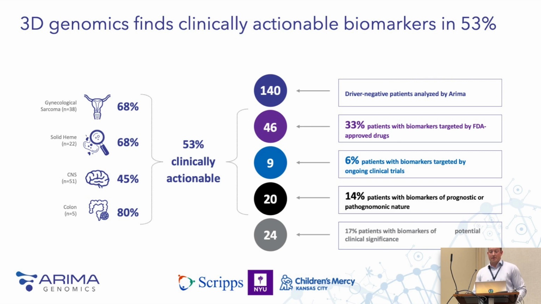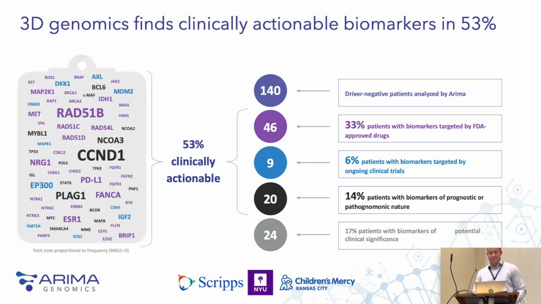But so far, for 4 out of those 5 we can find a clinically actionable biomarker. Here's just a smattering of the biomarkers themselves, the size of which correlates to the incidence at which we find them. So a lot of these homologous recombination repair targets that predict response to PARP inhibitors, the NTRK genes, FGFR genes, all that you can see here.